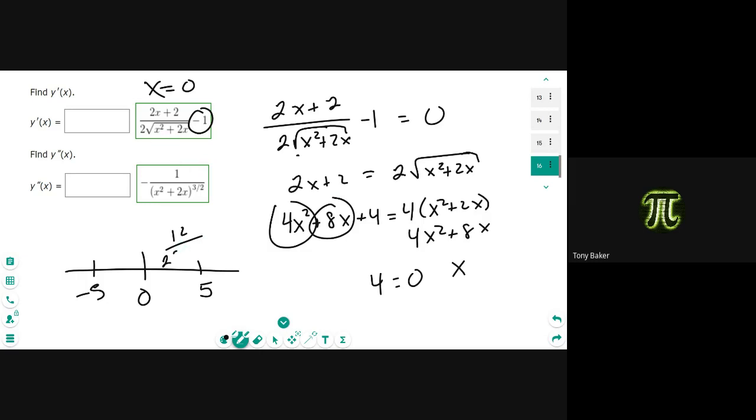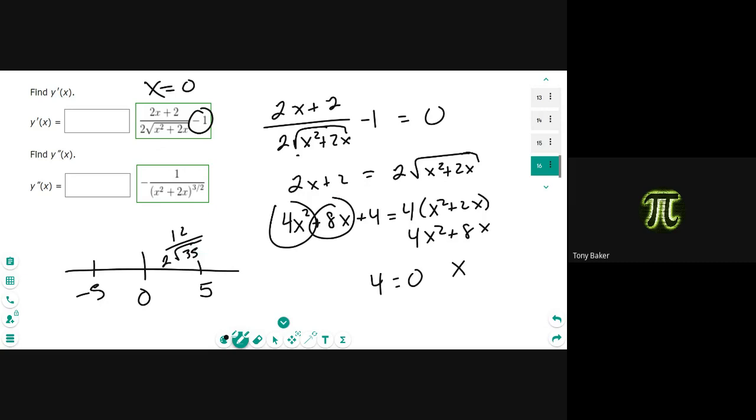So what do I got? 2 times the square root of 35? So that's less than 6, right? Square root of 36 is 6, right?